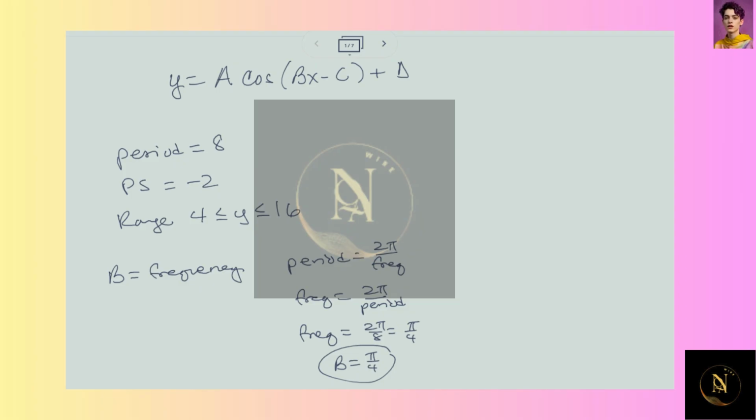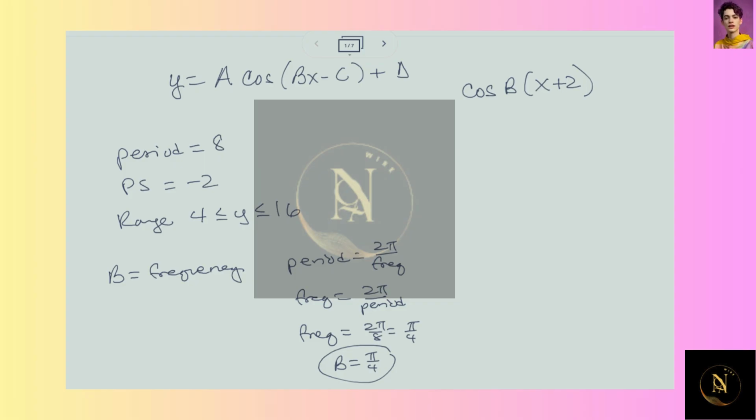Now, I need a phase shift of -2. So, when I'm writing my function, and I'll put it back in a minute, my B is out here, and my phase shift is -2. So that means I'm adding 2 to x. Okay.